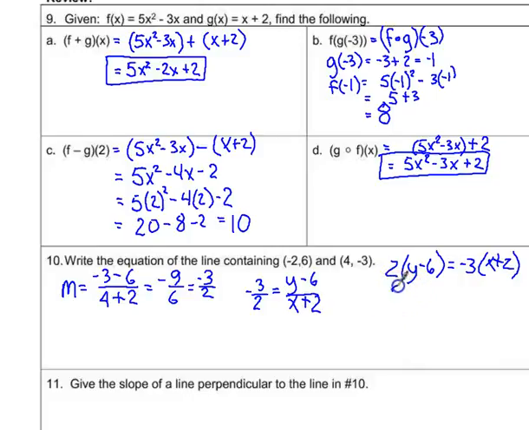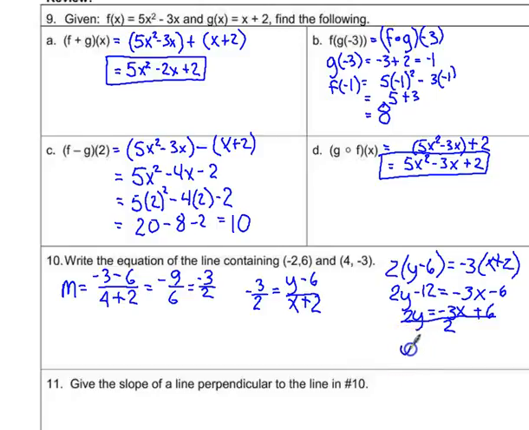What we have here is 2y minus 12 is equal to negative 3x minus 6. All right, go through, move the 12 to the other side. We have 2y is equal to negative 3x plus 6. Go ahead and divide everything, both sides, by a positive 2.